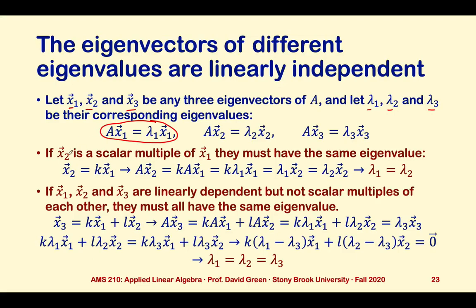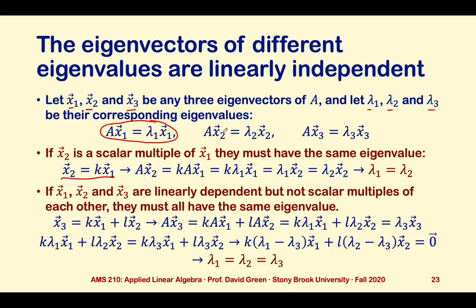Now, let's consider the case where x2 happens to be a scalar multiple of x1. What we will see is that if 2 eigenvectors are scalar multiples of one another, they have to have the same eigenvalue. We can derive this quite simply by defining x2 to be k times x1.